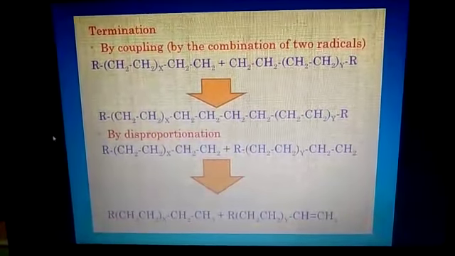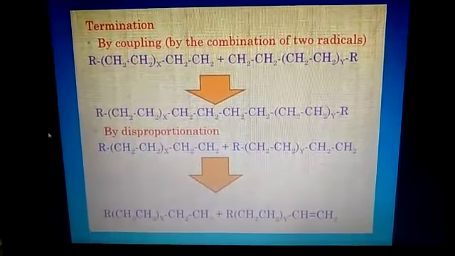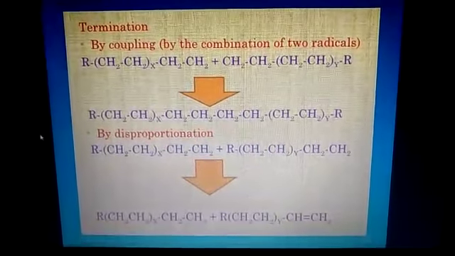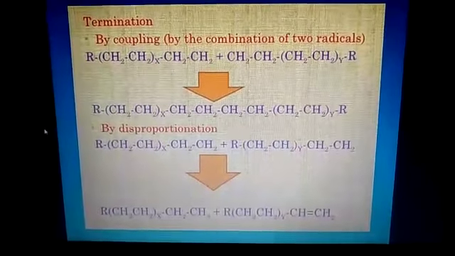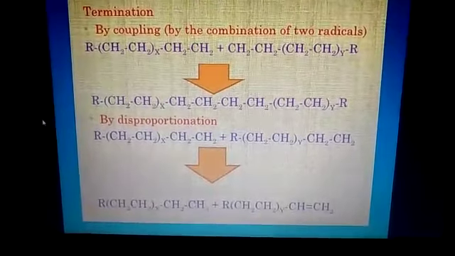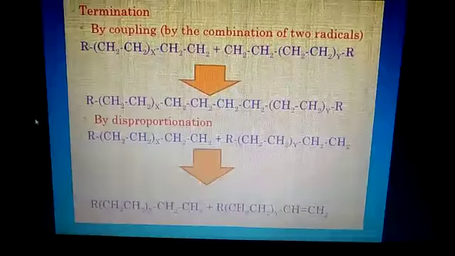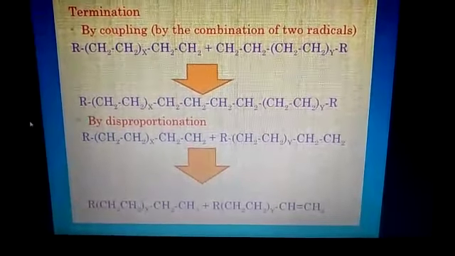After this, the propagation of the chain will take place, and when it takes place by coupling or by combination of two free radicals, we get the chain termination, where we get the terminated chain as we have already shown in the slide. The termination of the free radicals will take place.